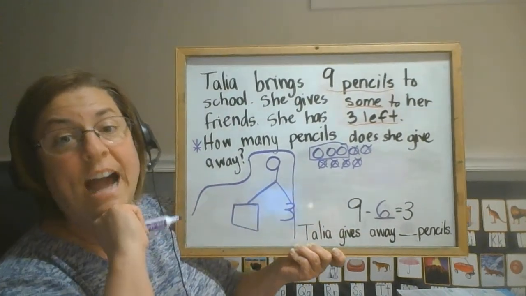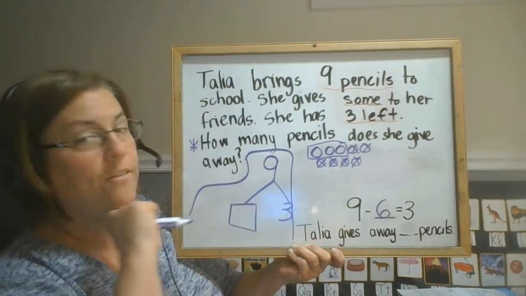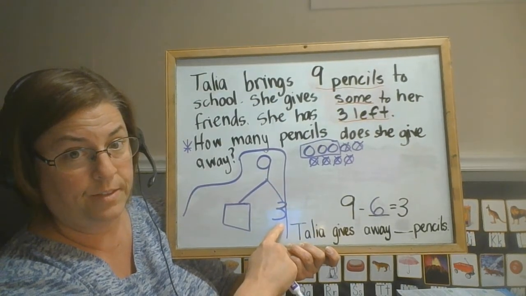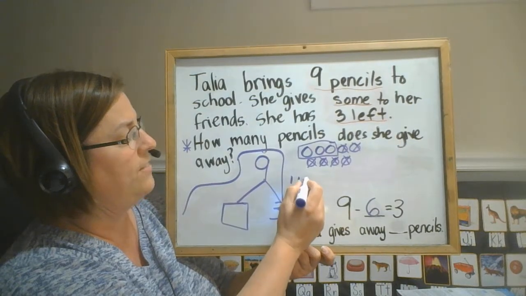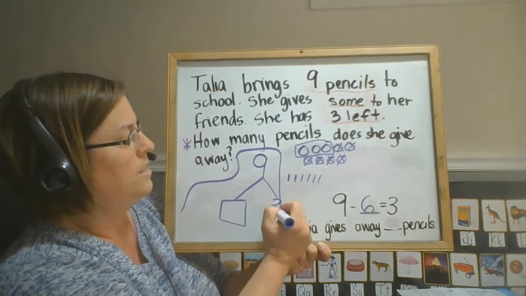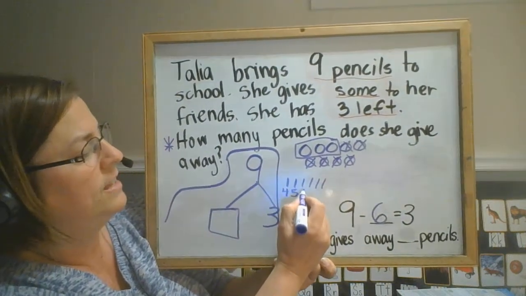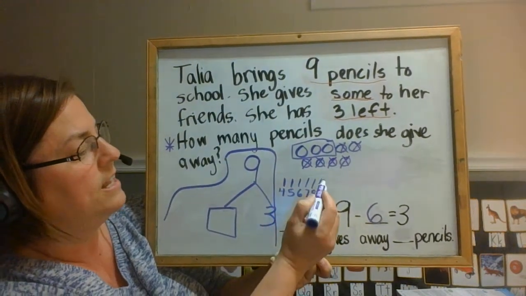So we're going to count on to see how many she gave away. We're going to start with 3. 3, 4, 5, 6, 7, 8, 9.